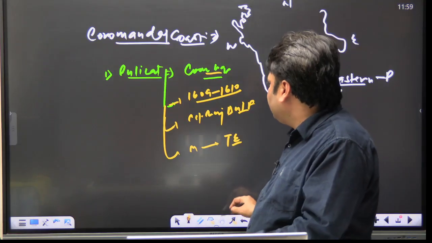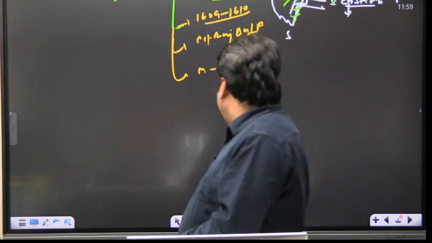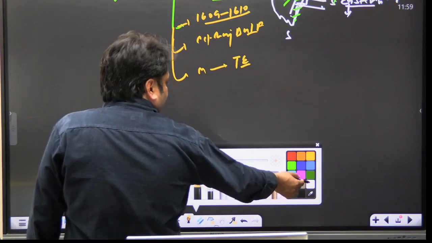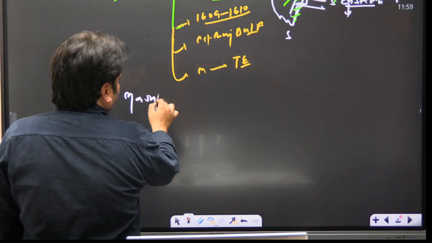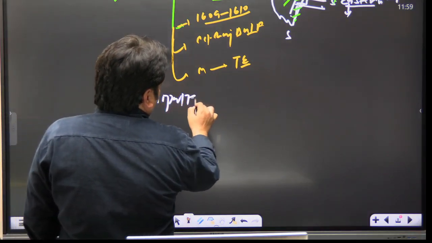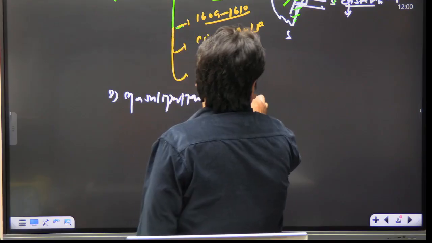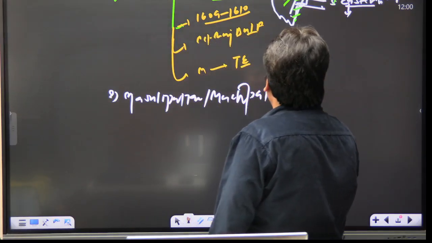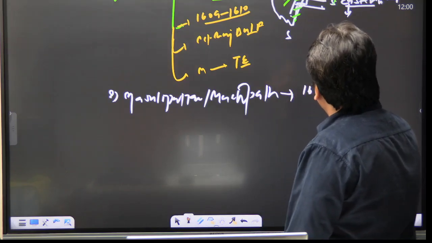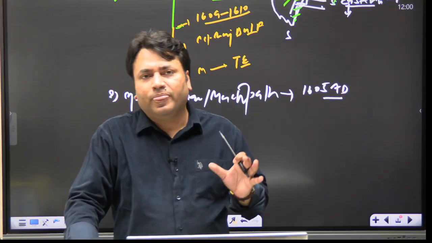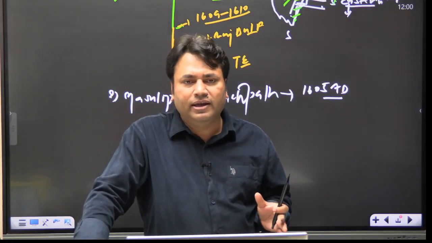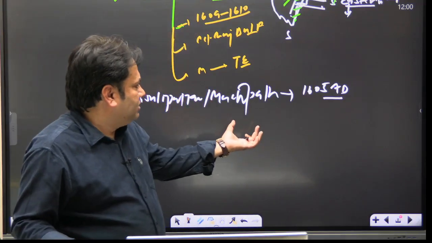Now after Pulicat, the second important Dutch settlement was Masulipatanam or Machlipatanam. In 1605 AD, the Dutch established their control in Masulipatanam, and this was a port center.